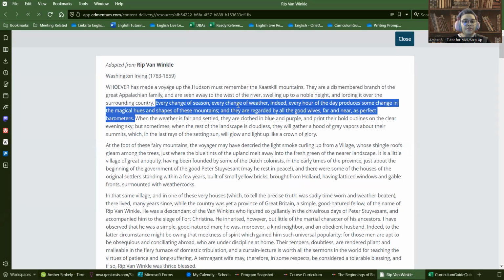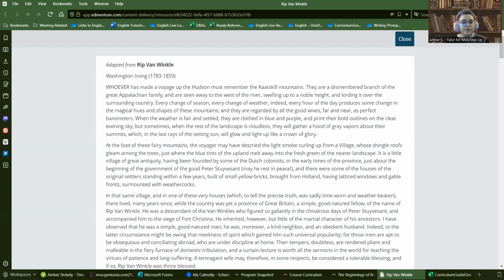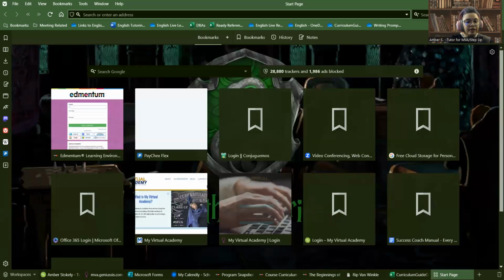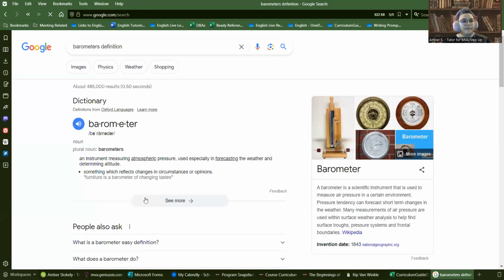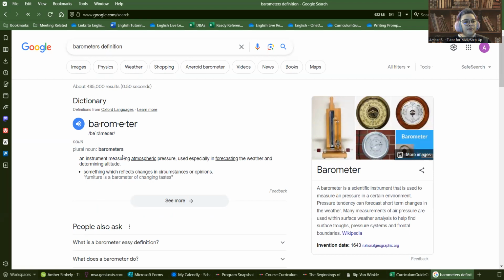And then the barometers, if we were to look up barometers, we're going to do that here. Barometers, yep, definition there. So it says an instrument measuring atmospheric pressure used especially in forecasting the weather and determining altitude. So altitude is the operating word here. Altitude is how high something is. So basically, the weather pressure changes based on how high above the ground you are or how low below the ground you are.